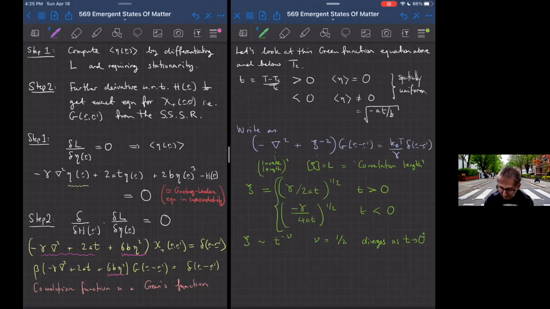Okay, so that's great. We've seen that the correlation length diverges with a critical exponent nu. So now the next thing we want to do is solve for the functional form of the two-point correlation function.